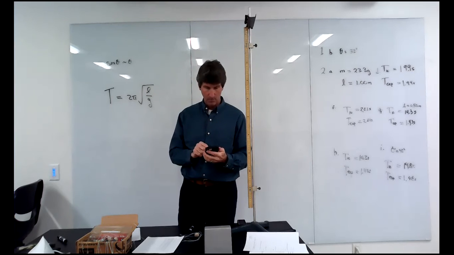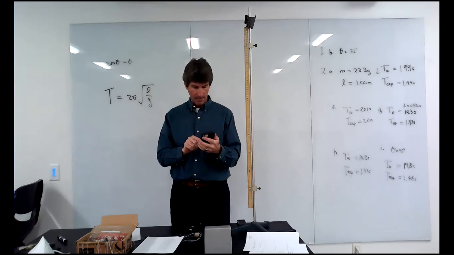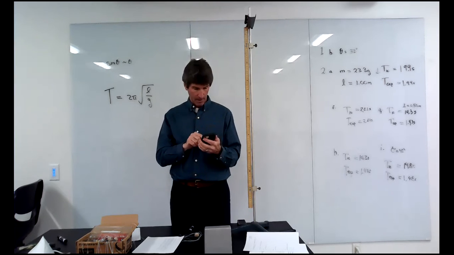All right, so what am I going to do? I take 1/2, divide that by 9.8. That gives me 0.0510. Okay? Now I'm going to take the square root of that. Okay, square root. 0.50102.